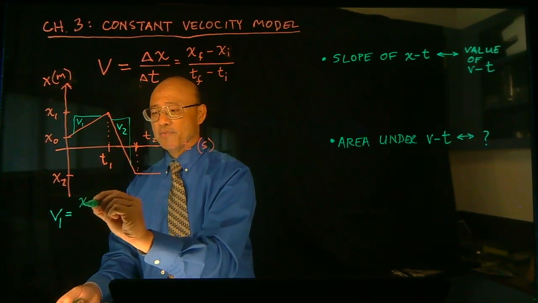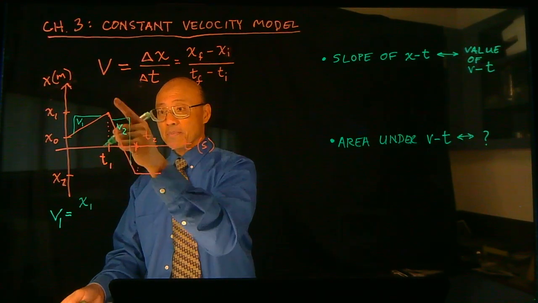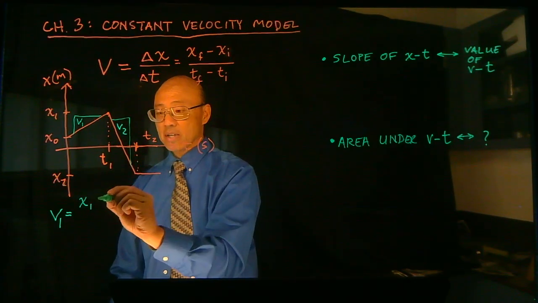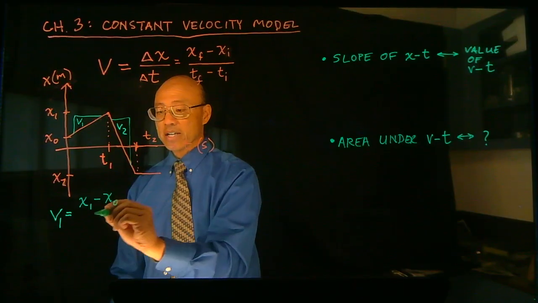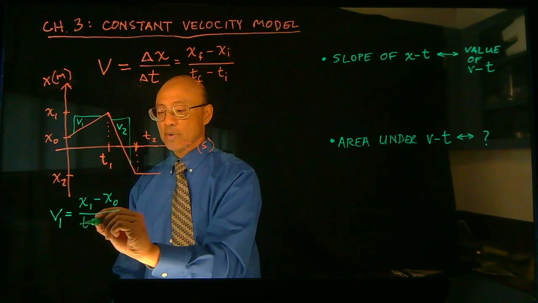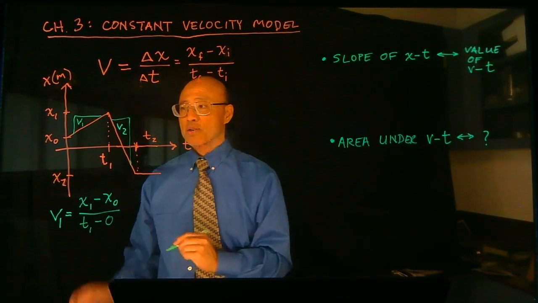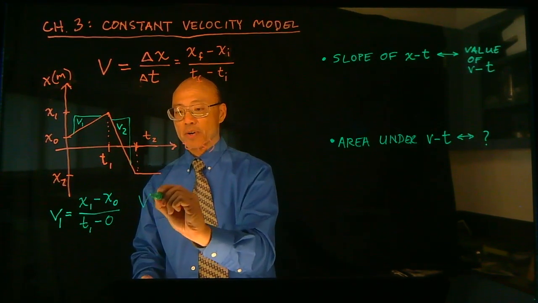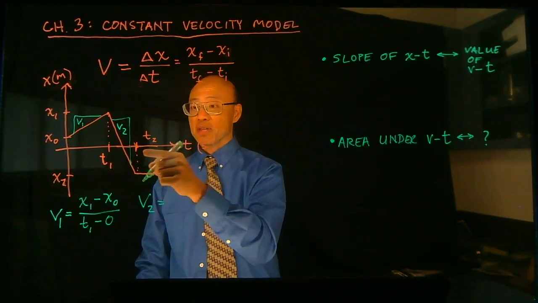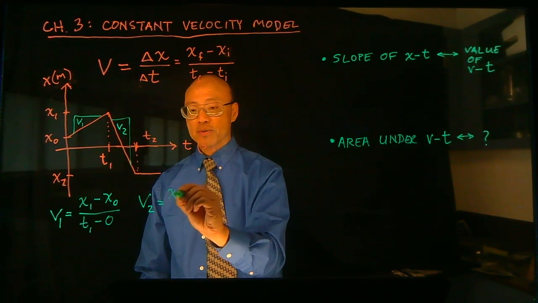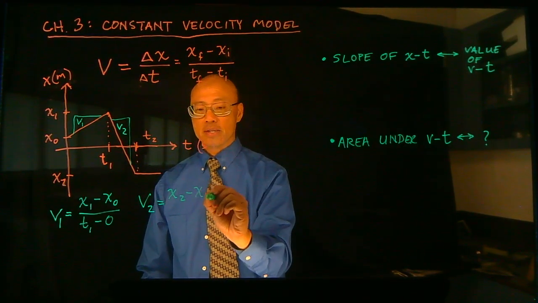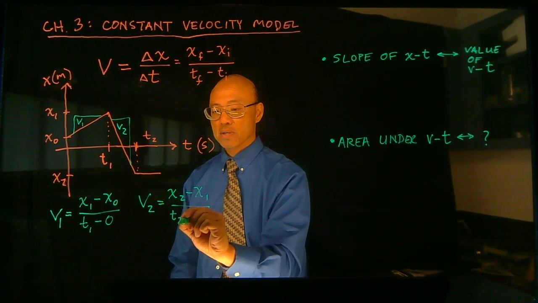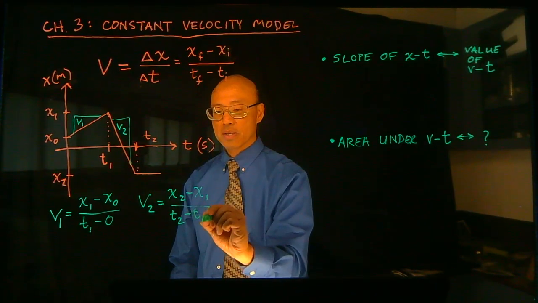So from here to here, my final position is x1, minus x0, equal to t1 minus 0. That's a velocity. That velocity could be very different from v2, which is the velocity from x1 to x2 during what time interval? t2 minus t1.